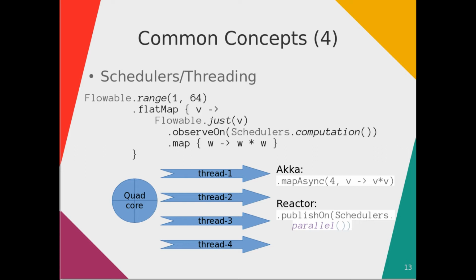So this is a good way to take advantage of, for example, a quad core. The scheduler could automatically create 4 different threads to run your process on. In Akka, you would use mapAsync, and in Reactor, you use publishOn with schedulers parallel.